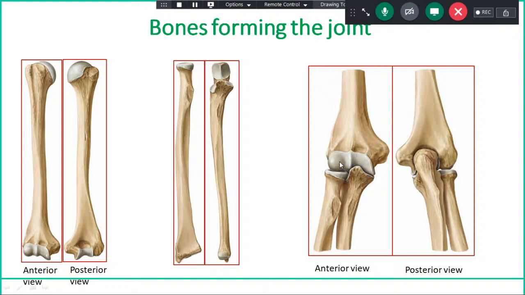So when you compare these two, you can see that this is much extending distally. It is about 6 mm below the lateral flange. Okay, and between the trochlea and the capitulum, again there is a groove over here. Can you appreciate the groove? And then you have the capitulum, the rounded part.